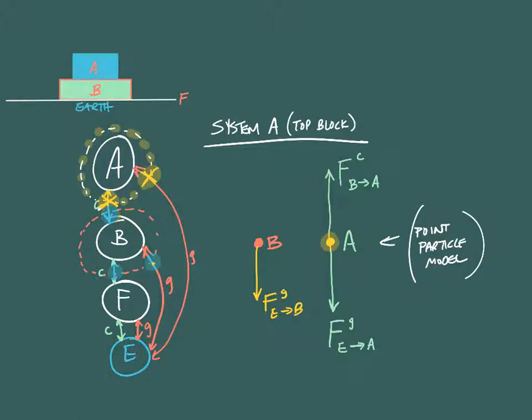Then there's a contact force. Aren't there two contact forces? There's one from the floor to block B, and there's one that's pushing up. So the floor is pushing up on block B, and then block A is pushing down on it.